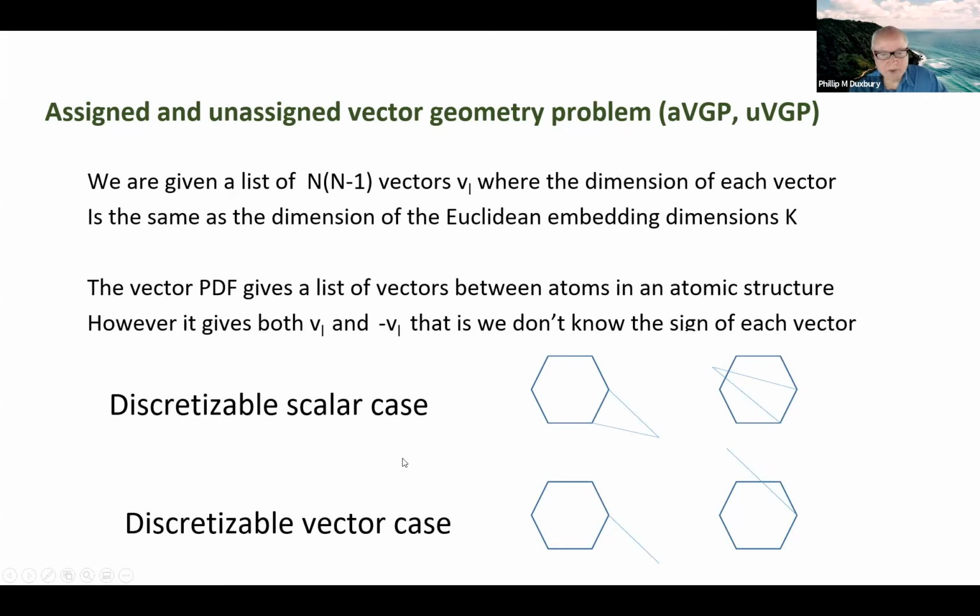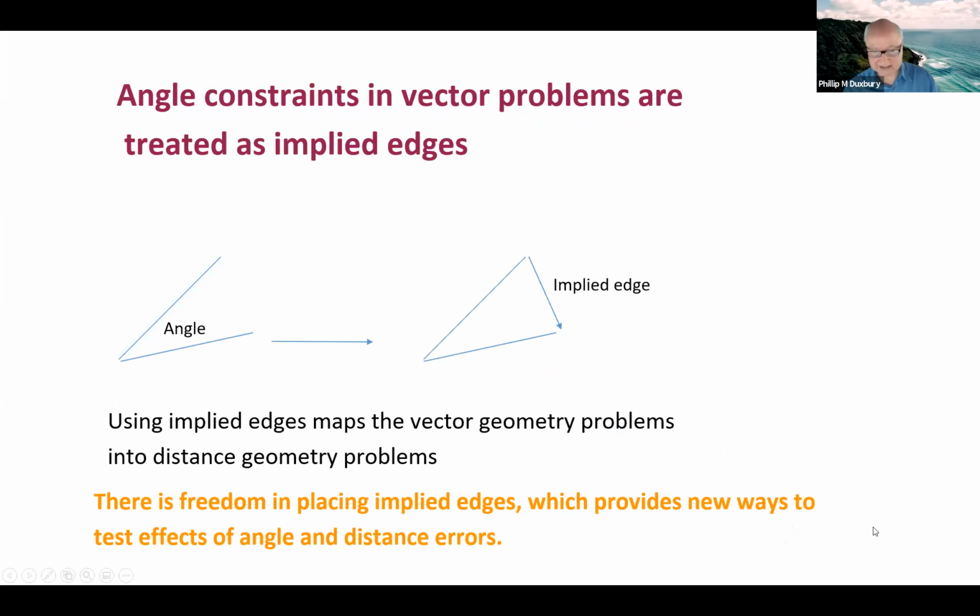So from the point of view of PDF methods, there's a push now to try to get the vector PDF, meaning that instead of just getting distances out of the data, we will get some piece of the vector information. And once we have that, we can start thinking about how to apply these methods to build up with vectors.